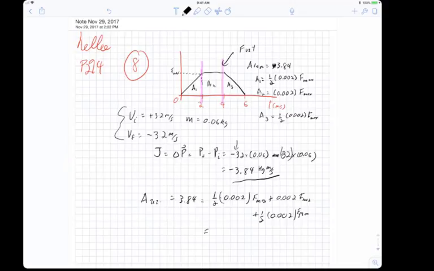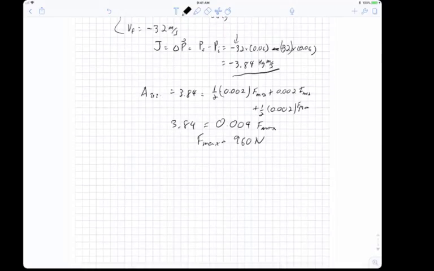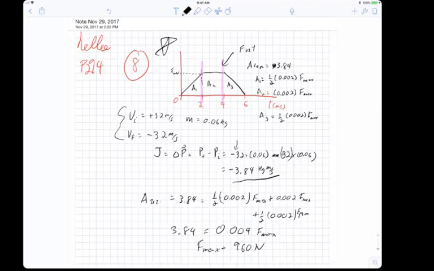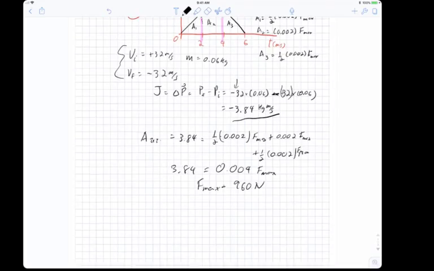That's 0.004 F max is equal to 3.84. So F max has to be equal to 3.84 divided by 0.004. 960 newtons. See that relationship? This type of question can totally be on the final. That's a great question to ask on the final exam.